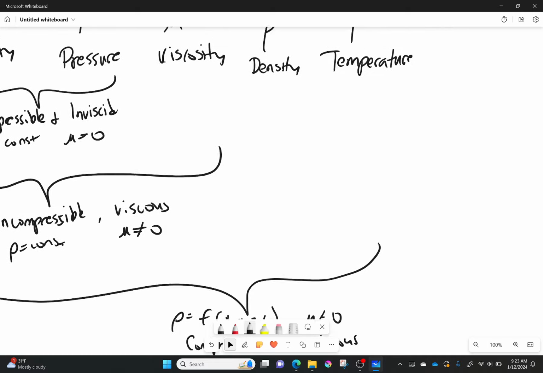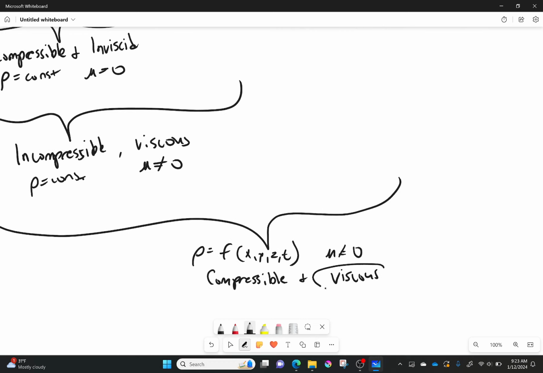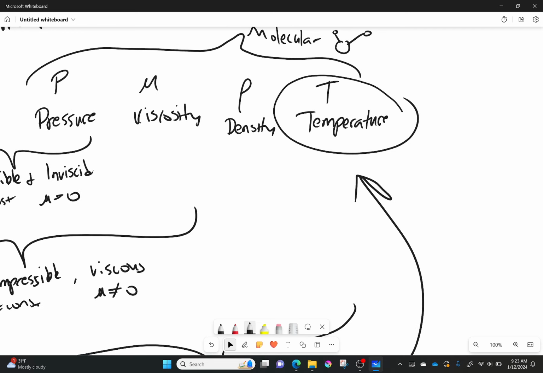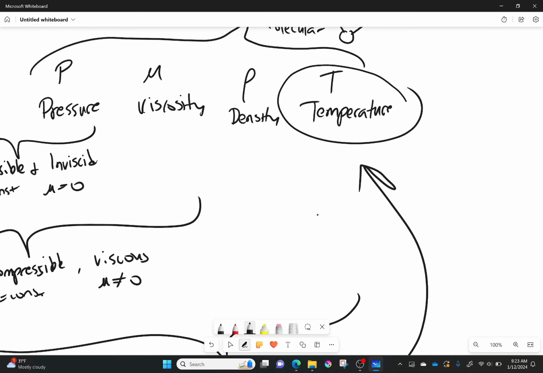Now, I'd like to focus on the viscous ones right here, mostly because people kind of struggle to figure out why in the world does density and temperature come into play only at the end there. I mean, mostly because we were saying bringing compressible, but why is viscous going to suddenly bring in temperature? The reason that temperature is only shown in that last one, and even density is only shown in that last one, where we bring in both compressibility and the viscous nature, is coming back to kind of our re-entry vehicle standard here.